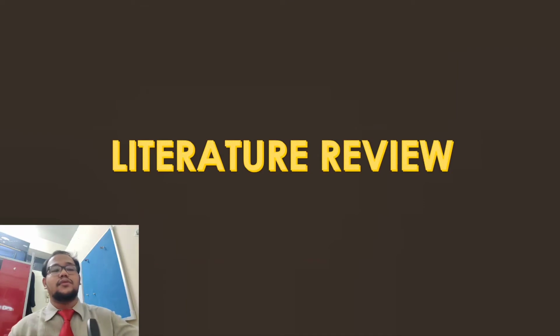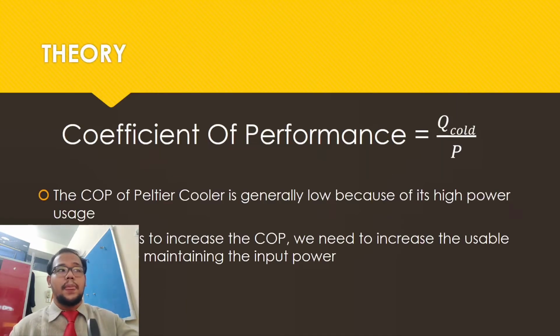Now we move to the literature review. The thing that we are going to focus on in this research is the coefficient of performance. So what is the coefficient of performance? The coefficient of performance, or COP, is the energy being absorbed, which is the Q cold, over the supply power.